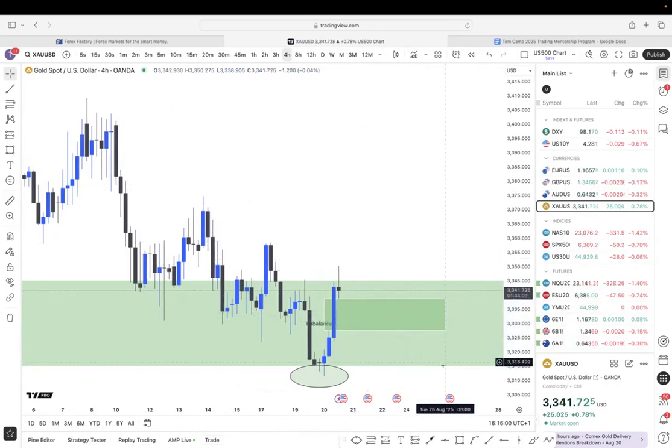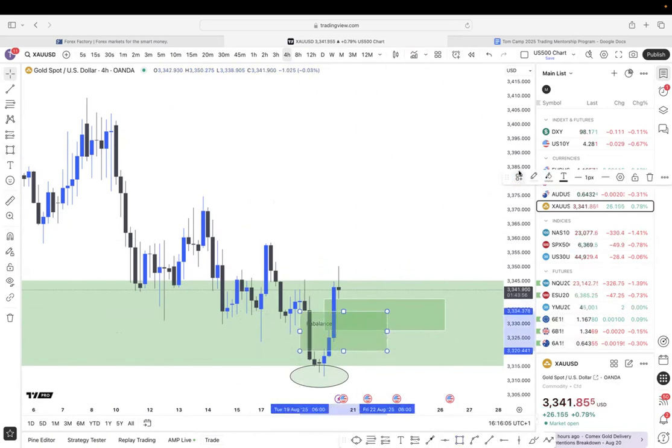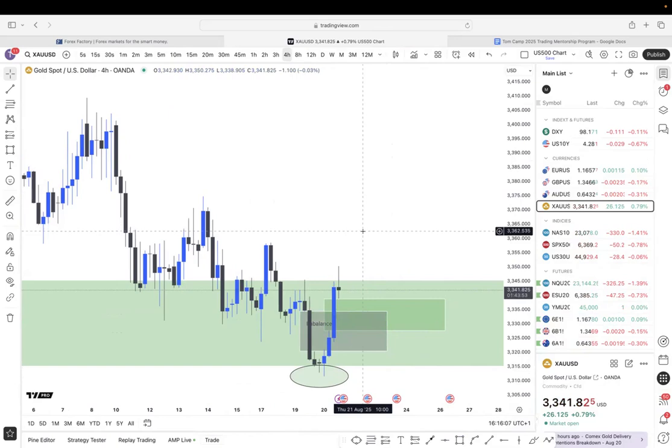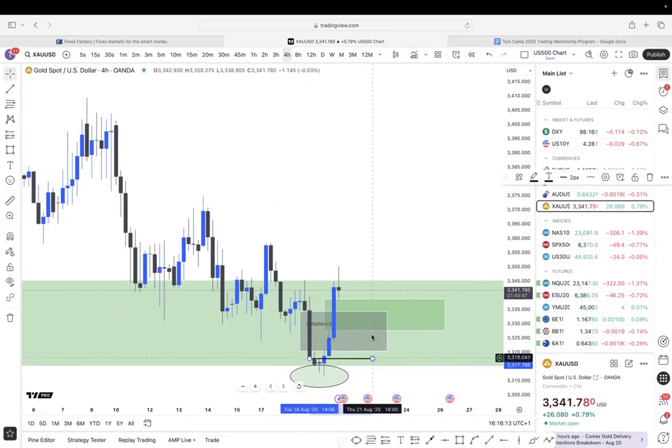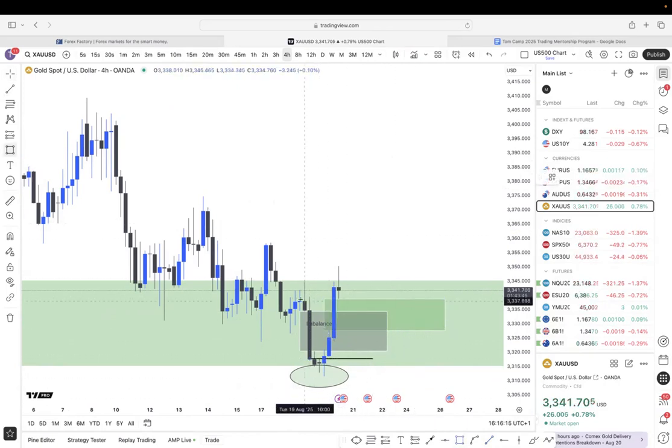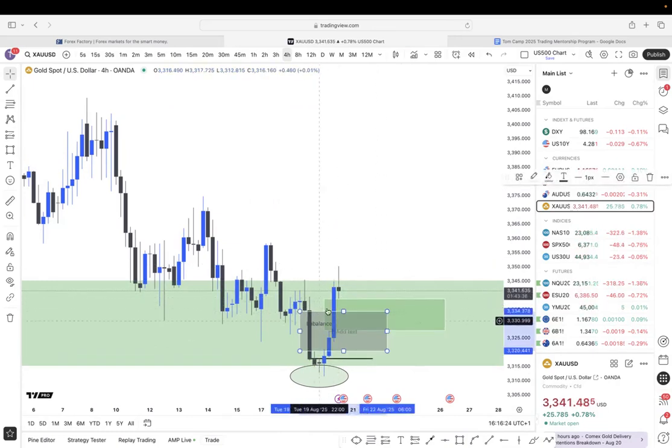You might not like areas of inefficiency. Instead, you might prefer inverse fair value gaps. You can use that. You might just prefer order blocks. You can use these series of down candles here. You might just like breaker blocks. You can use the breaker block. Personally, I like either imbalances or inverse imbalances together.